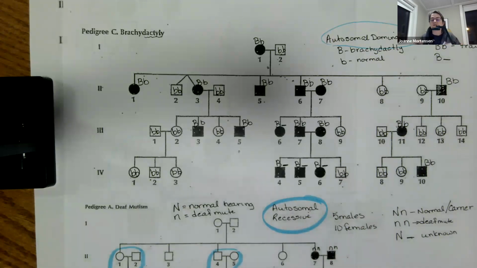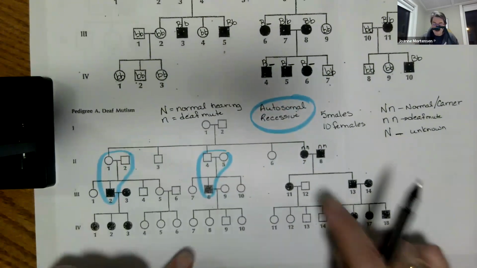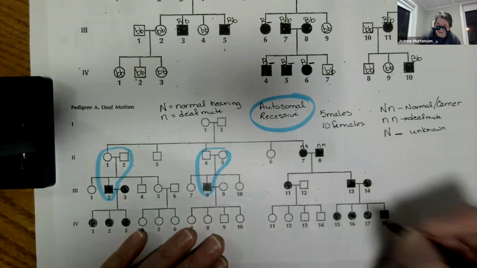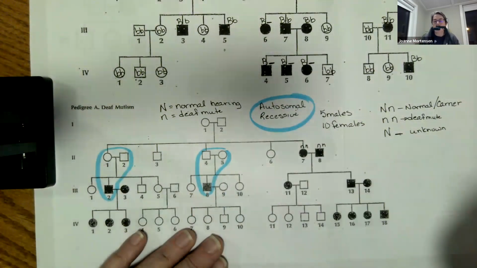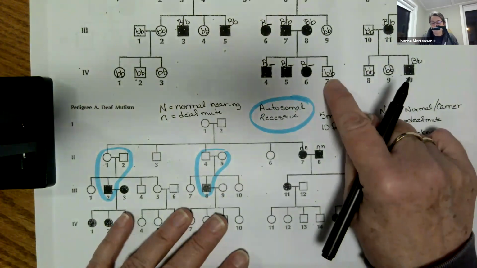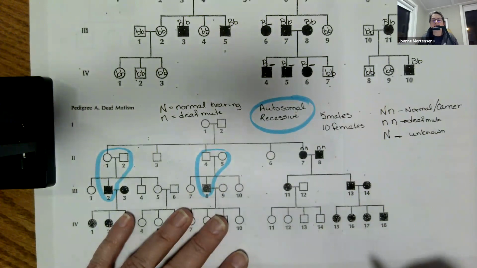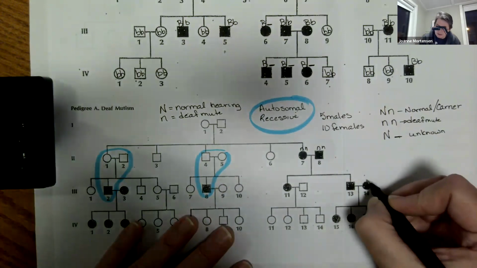Well, this one, because it's a recessive trait, it's the people that have the trait that have the recessive ones. So up here, it was the blank, uncolored ones that got the two recessive ones. Over here, it is the colored in ones because we're talking about a trait.